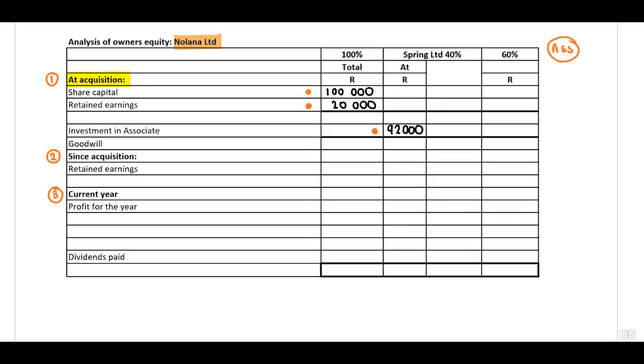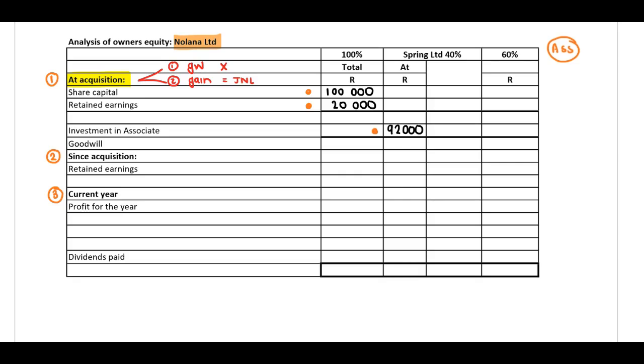Because it is very important that you are able to identify in the at acquisition if there is goodwill or a gain on bargain purchase. Now, especially with a gain on bargain purchase, because you need to remember that you will have to journal this. If there's any goodwill, you do not do anything with the goodwill, but you have to include your at acquisition section to identify if there's any gain on bargain purchase.